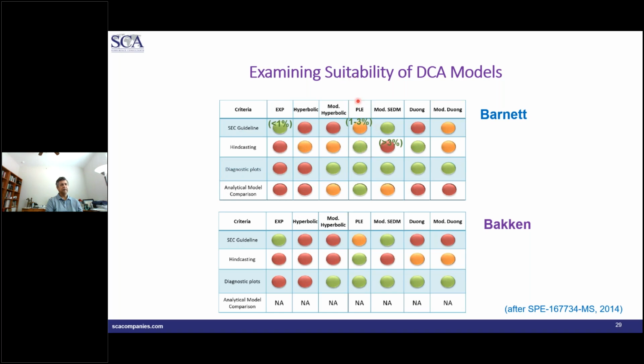If you use the power law exponential or the stretched exponential, then you are in pretty good shape. You have a lot of green lights, and you are meeting the SEC guideline as well. So this is just to give you a 10,000 feet overview of some of these items.